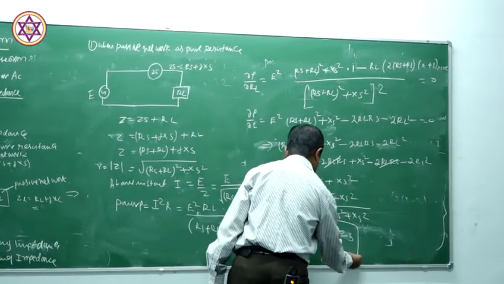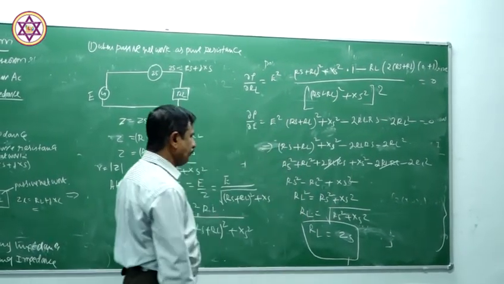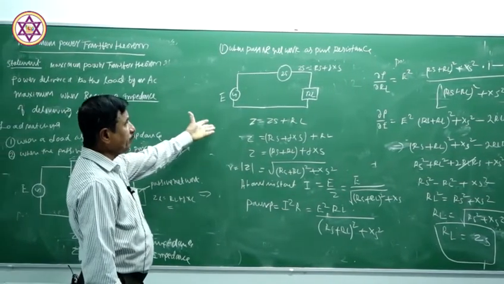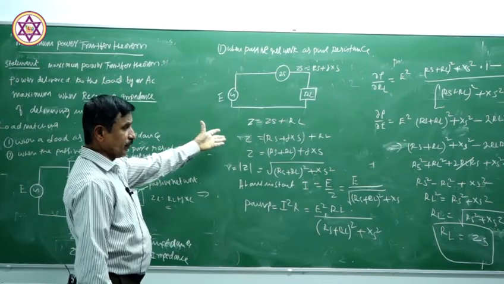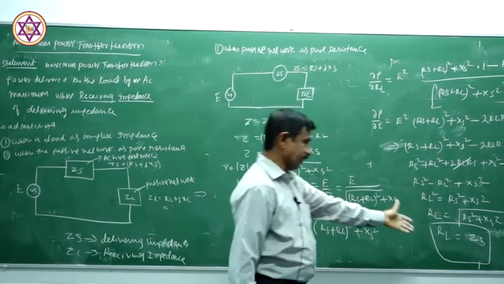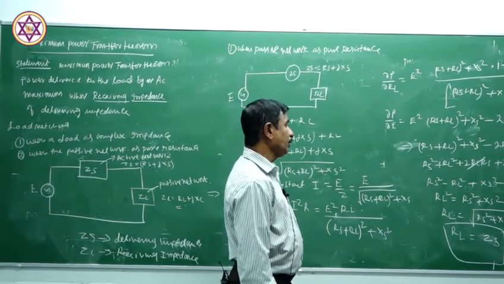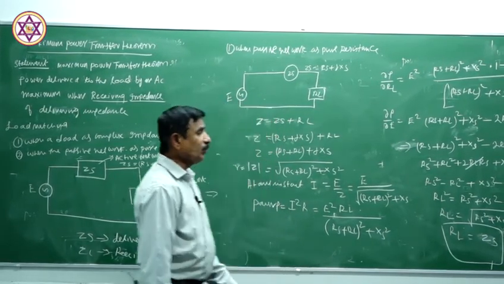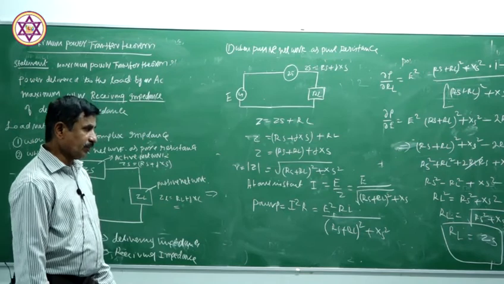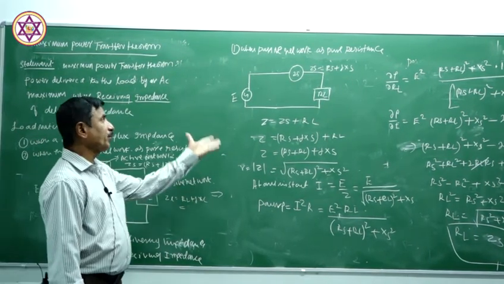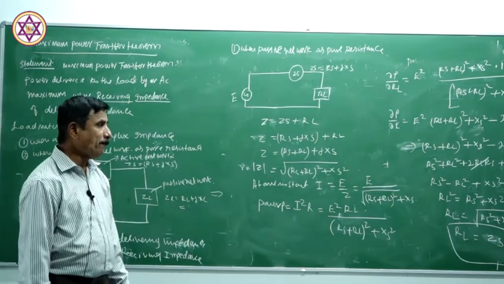This expression says that the load resistance is equal to the source impedance in a purely resistive load circuit. When RL is equal to ZS, we are going to get the maximum power delivered to the load. When our load resistance is equal to the source impedance, then we get the maximum power in the circuit.